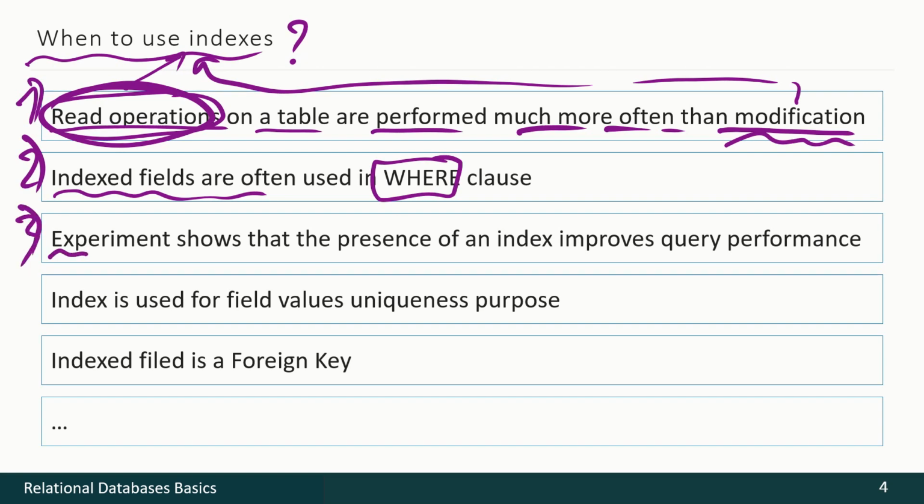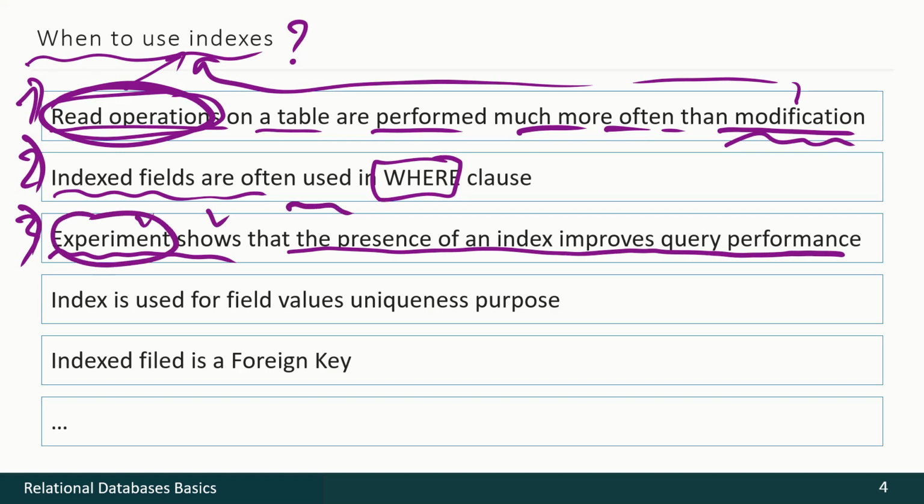The next obvious idea is that if an experiment shows that the presence of an index improves query performance, you should use that index. If an experiment shows that there is no speed increase, or maybe even a speed decrease, you should probably eliminate that index. The next two ideas are technical ones.